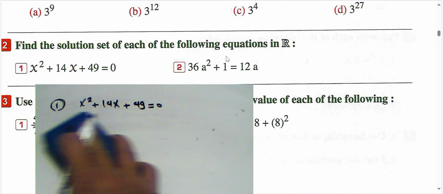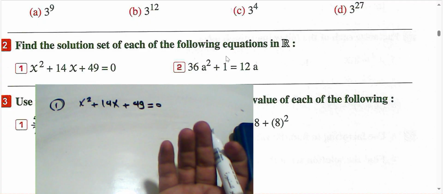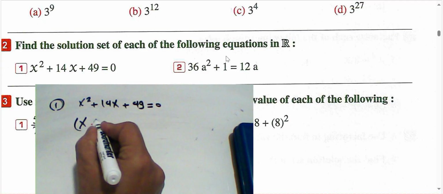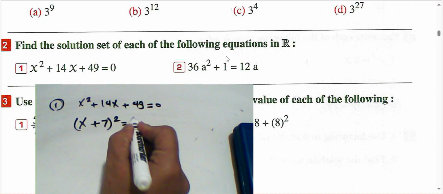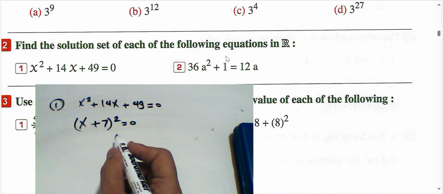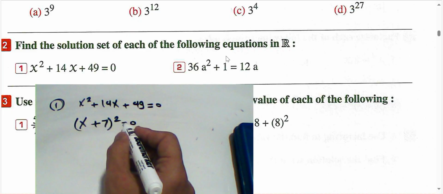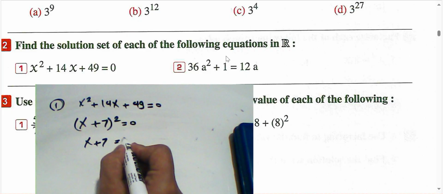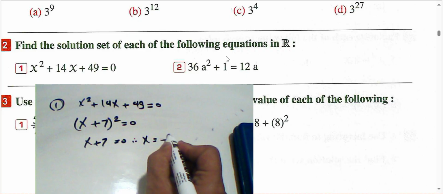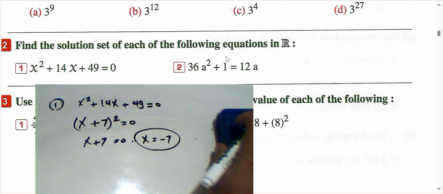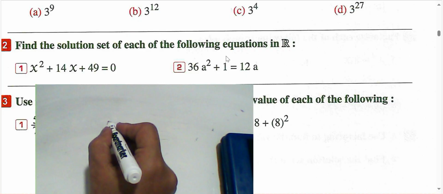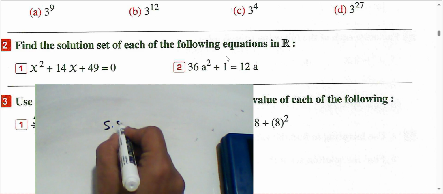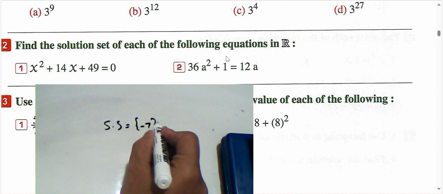So this expression we call a perfect square. Then we can write (x plus 7)^2 equals 0, and then take the square root of the left hand side and right hand side, then x plus 7 equals 0. So the value of x will be negative 7, and negative 7 belongs to the real numbers, so the solution set will be negative 7.